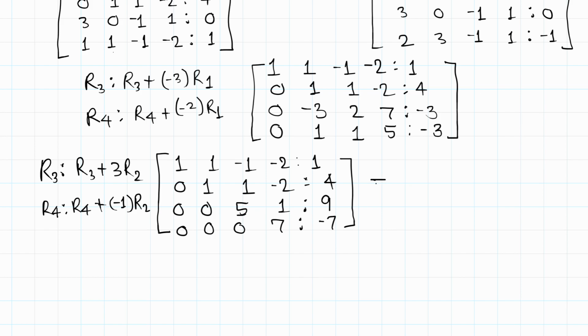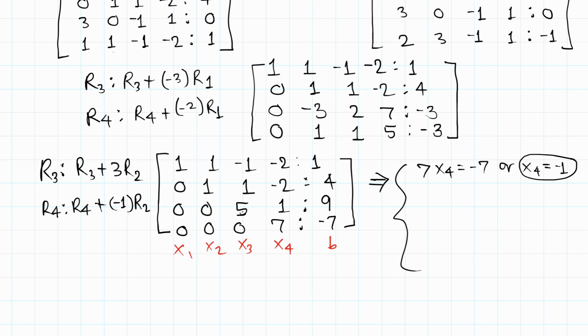So let's work backward. From the fourth row, and this is coming from x1, x2, x3, x4, and these are constants. From the fourth row, 7x4 equals negative 7. That means divide both sides by 7. So x4 is found, negative 7 over 7, negative 1.